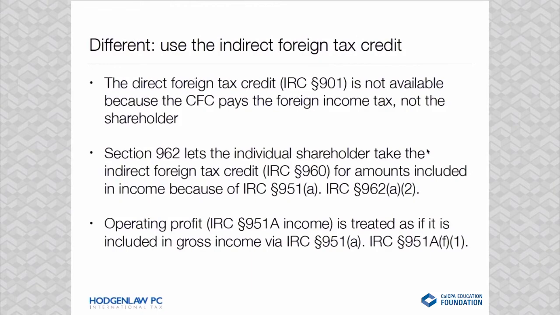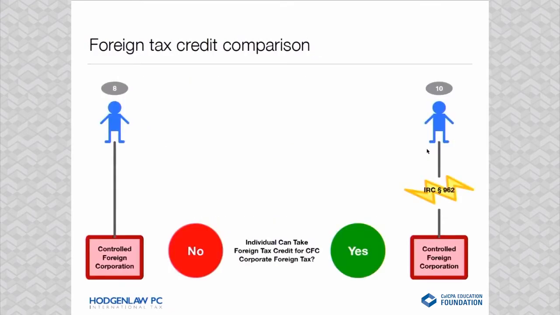Next, indirect foreign tax credit. Indirect foreign tax credit is allowed when you have a Section 962 election. Why is that? Because the 962 election says, pretend the human is a corporation, and the corporation gets to take a foreign tax credit. So yay, right here, the Section 962 election says that we've got some green bonus happy times here.